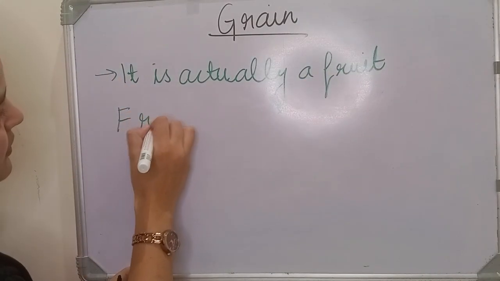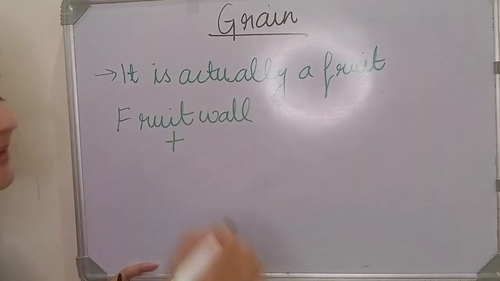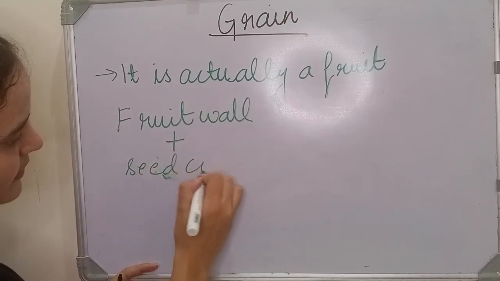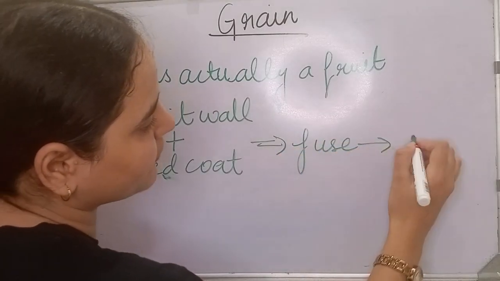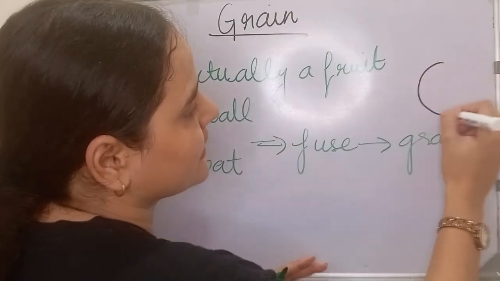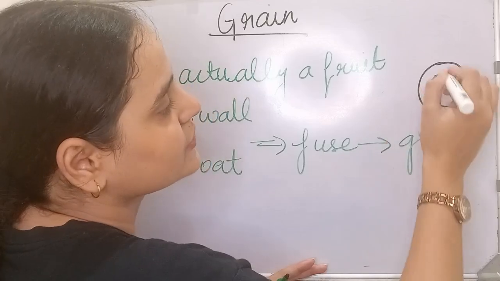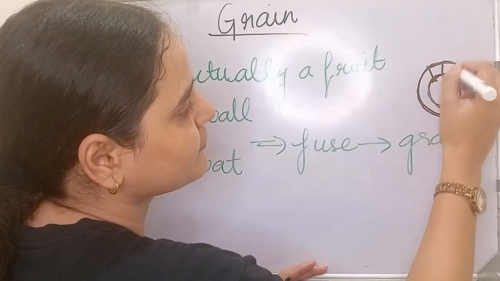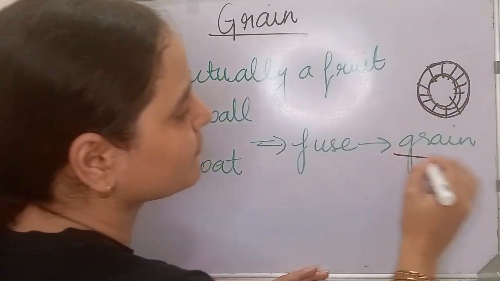The fruit wall and the seed coat, they fuse and they form grain. Okay, see, this is the fruit. Inside the fruit is the seed. So this fruit wall and the covering of the seed coat, they fuse and form grain.